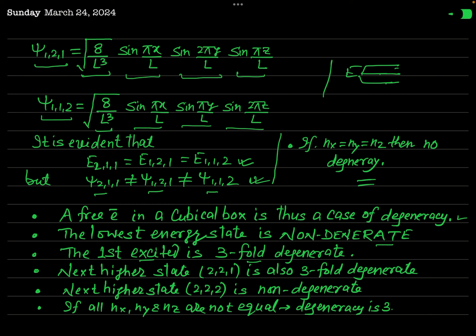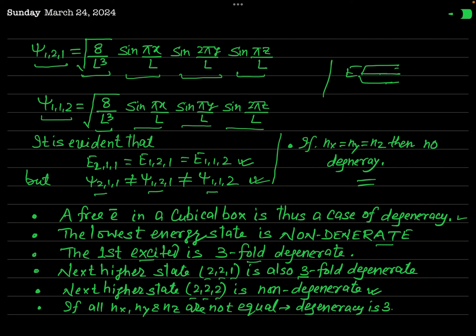Next higher energy state, if you take 2, 2, 1, then again you will find that this is also threefold degenerate. But the next higher state, 2, 2, 2, when nx is 2, ny is 2, nz is 2, you will again see that this state is non-degenerate.